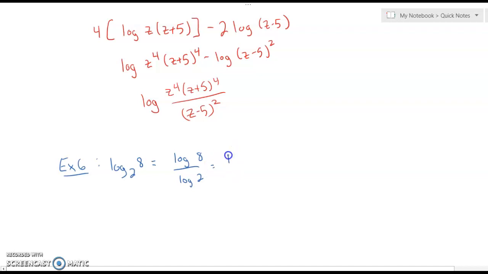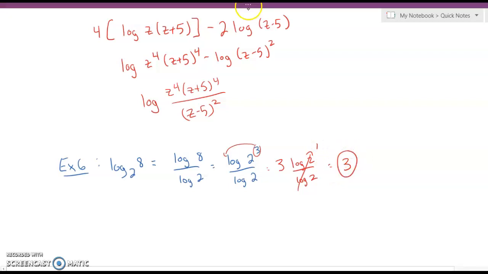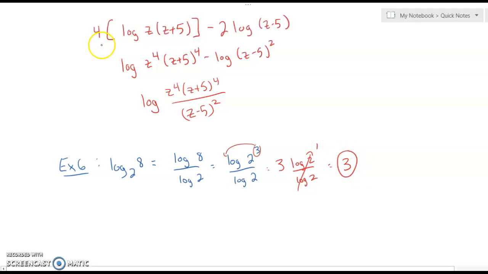I can make that log of 2 to the third over log of 2, and technically we're doing a little expanding here, because now I can take that 3 that's in front and put that in the correct spot, and I'll have 3 log of 2 over log of 2, which we know will turn into a 1, giving me 3.